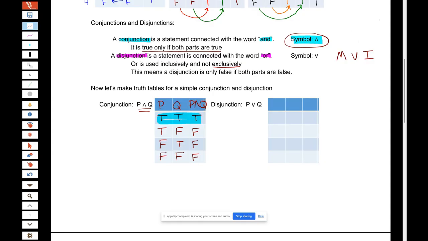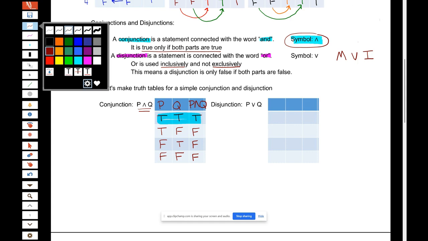Well, mathematics is a little bit different. In mathematics, we use the word inclusively, which means both things could happen and the statement is still true. So if I tell you we're going to have a quiz on Friday or we're going to have a test on Friday, we could have both, and my statement mathematically would be true, but I would be a very, very mean teacher. So I won't do that to you.